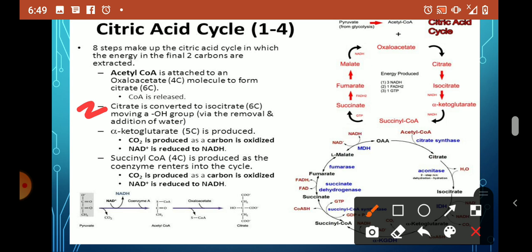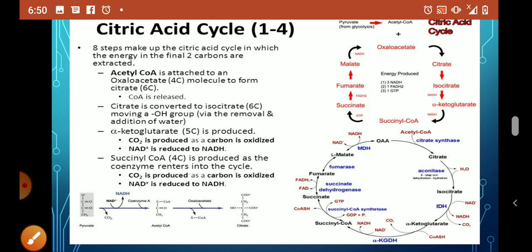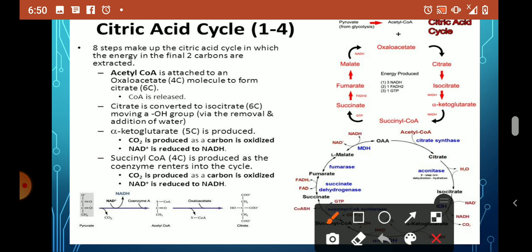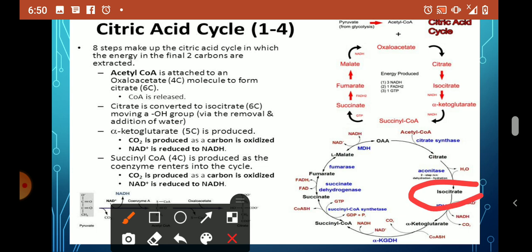Then, by aconitase, isocitrate is formed, and water is added in this reaction. That's why it's called a hydration reaction.